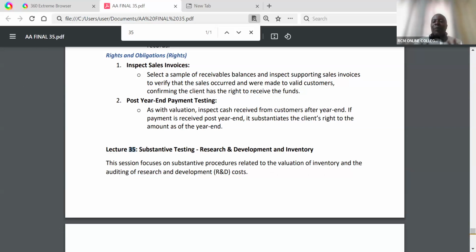So in this case, for example, somebody calls around the 31st of December 2025. A potential customer calls and places an order, telling RCM, I want to buy this number of units from you worth 40 million.